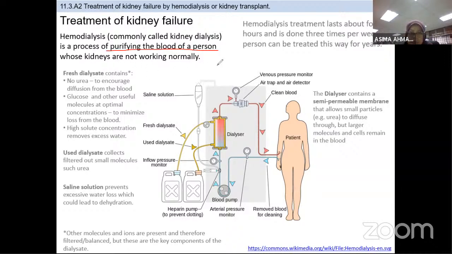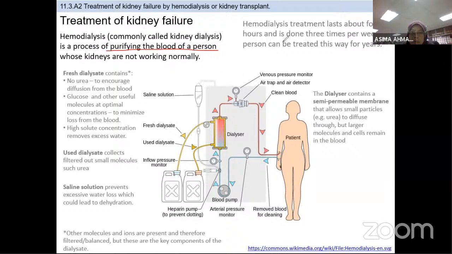Alright, because tadi failure of the kidney to adequately filter out metabolic waste. So meaning that it requires help. So dibuat apa? Right, to clean the blood, then the person must go through this treatment, right, known as kidney dialysis or hemodialysis. So during hemodialysis, what happens is, right, the blood will be purified.